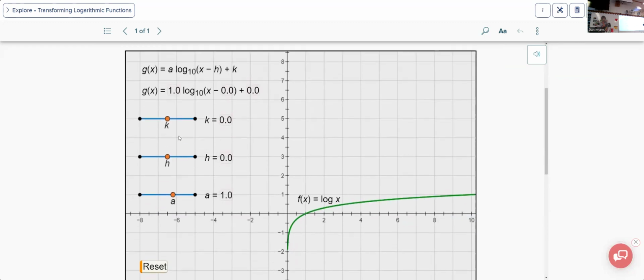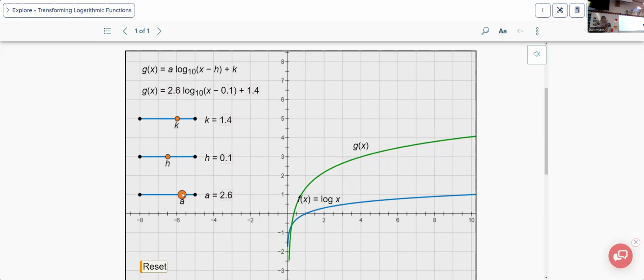And we already said that k is going to move the graph up or down, so let's verify that. Left, yep, down, up, okay, so up and down for k. H should go left and right, yeah, there it is, left and right for h. Okay, and then for a, if a gets more positive, the graph should get steeper.